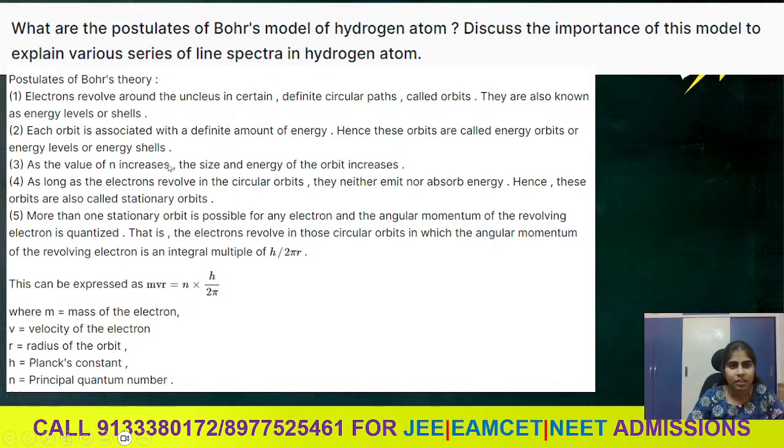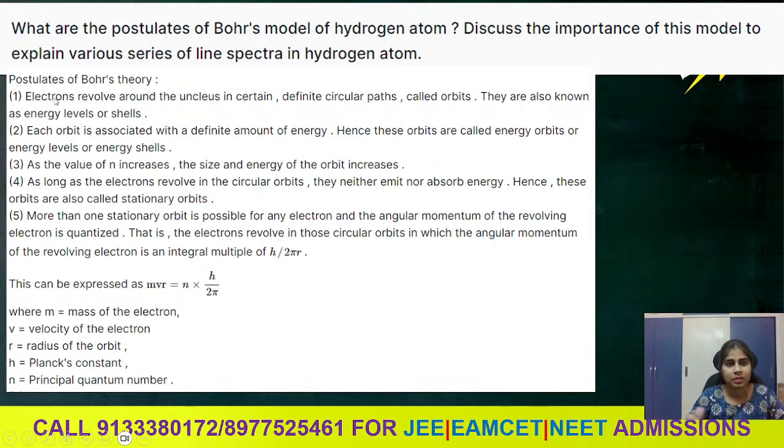Let us see what is Bohr's theory first. Whatever you write in these long answer questions, you need to expand it clearly, because this is the long answer. So let us see the postulates of Bohr's theory.